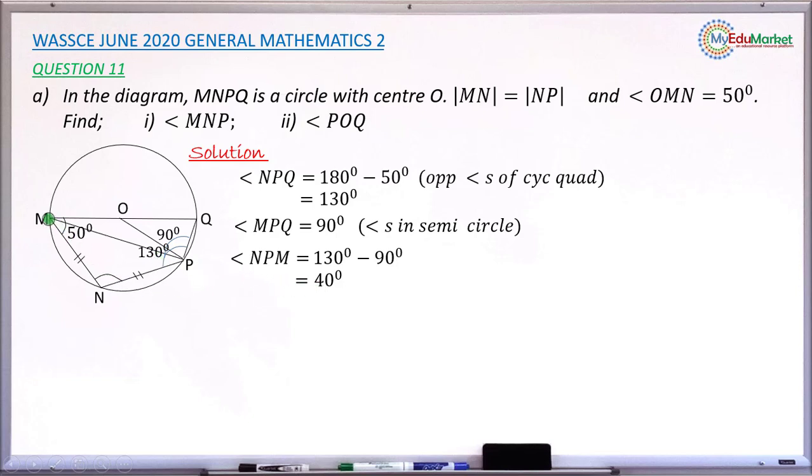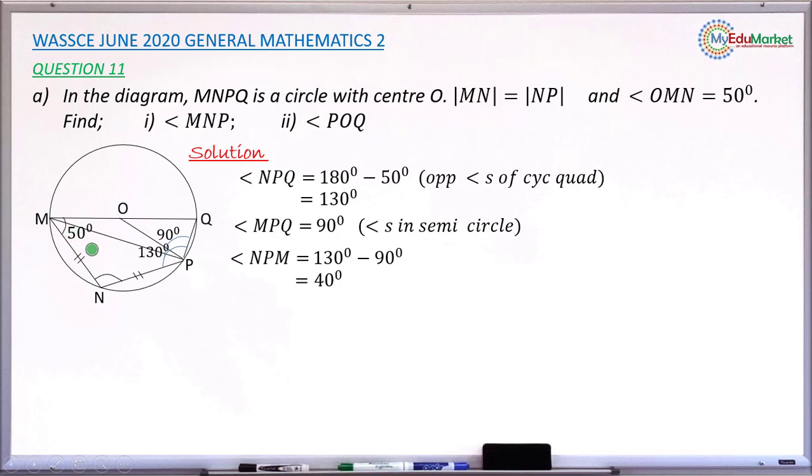I'll continue. Still my target is to get the angle at N. So look at triangle MNP. The triangle MNP is an isosceles triangle because two of its sides are equal. And this angle that I have just obtained, angle NPM, is a base angle, and it will be the same as this other base angle.